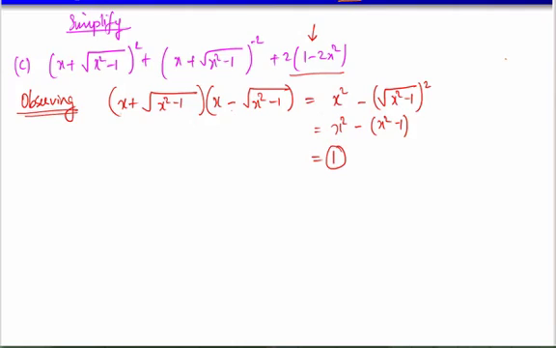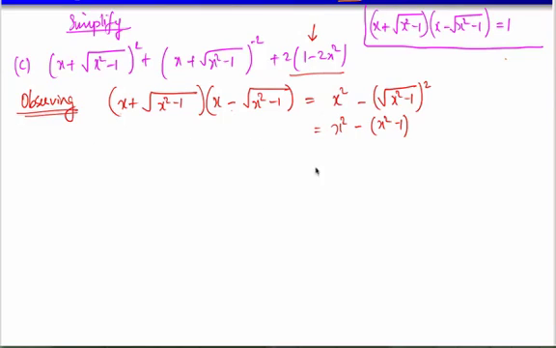So I'll make a note of this observation, let us write this separately as a very important property: x plus square root of x square minus 1 into its conjugate x minus square root of x square minus 1 is equal to 1. This is a very important property which will keep on coming again and again. So this is our observation, that this comes out to be equal to 1.